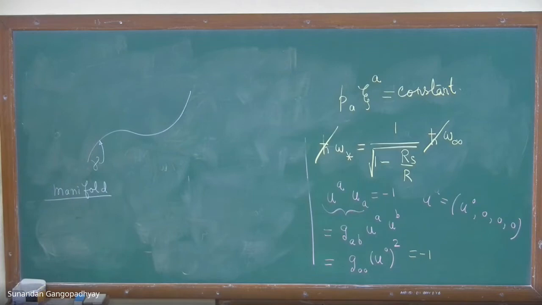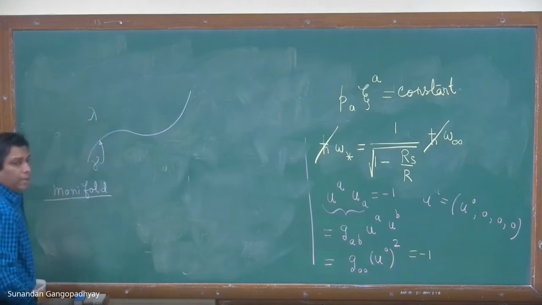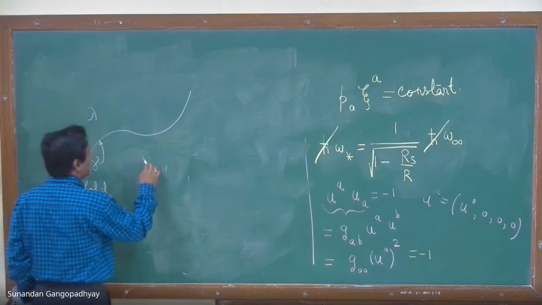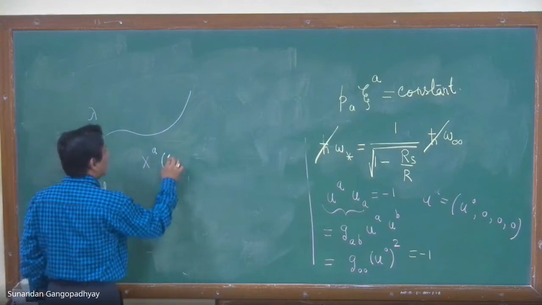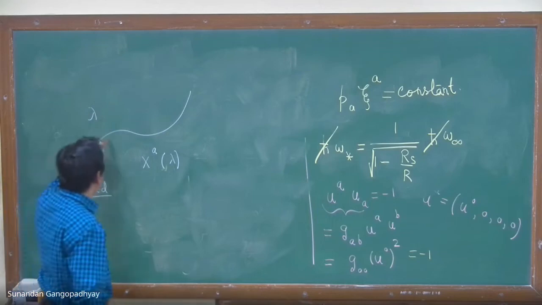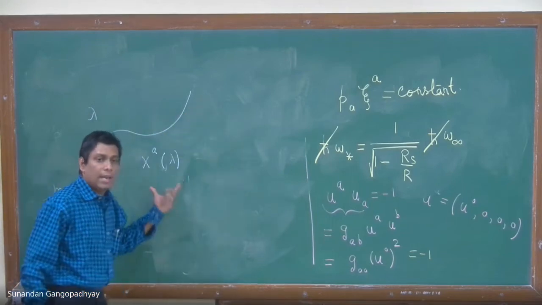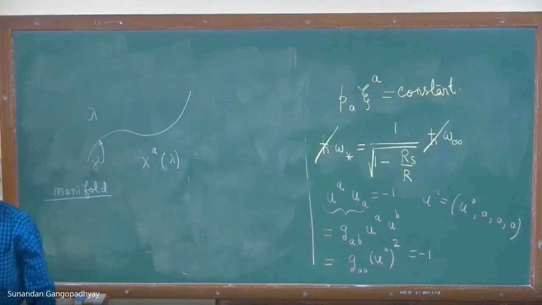The curve is parametrized by lambda, and in any arbitrary coordinate system, the points on this curve are described by the coordinates x^a(lambda). Lambda is the parameter with which the curve is parametrized.